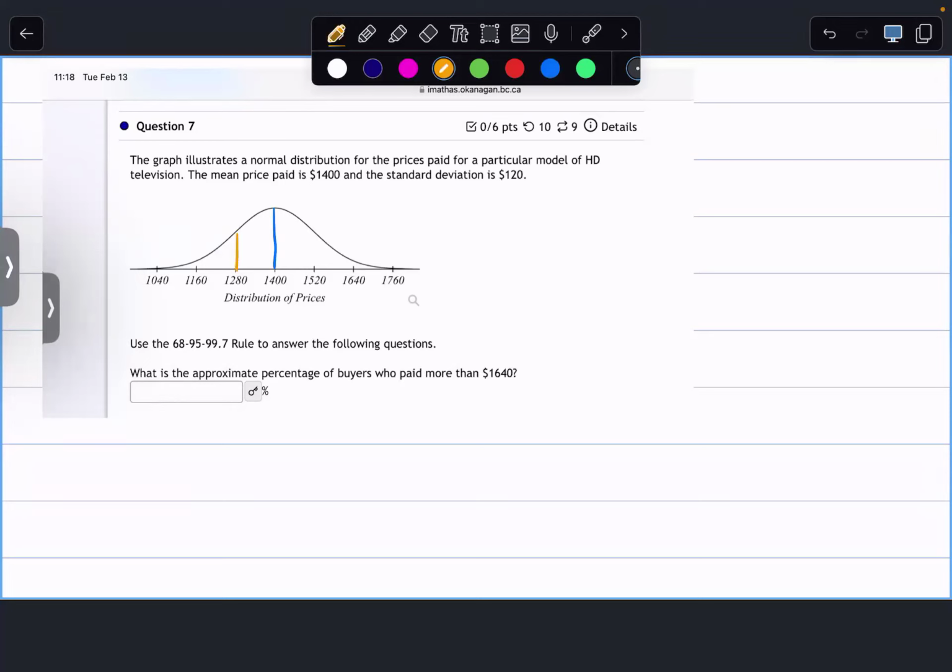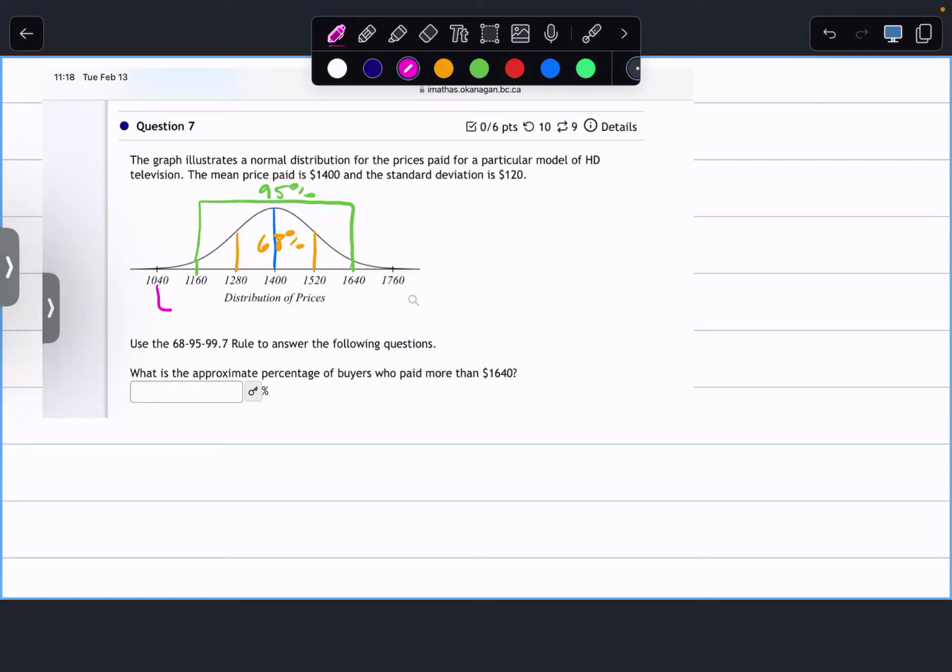It means that between here and here, we've got 68% of the curve. Between here and here, we've got 95% of the curve.